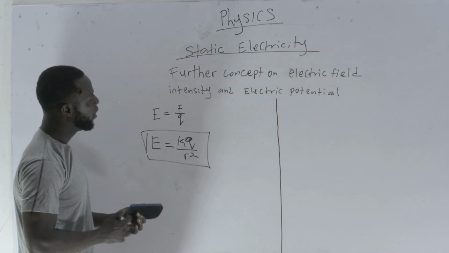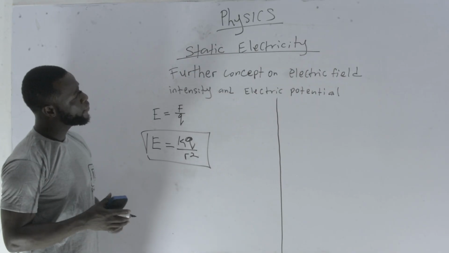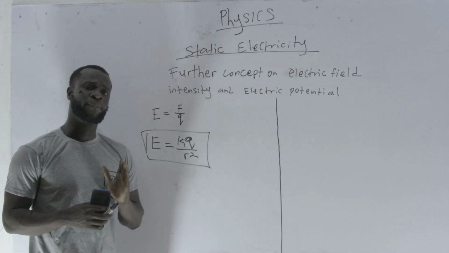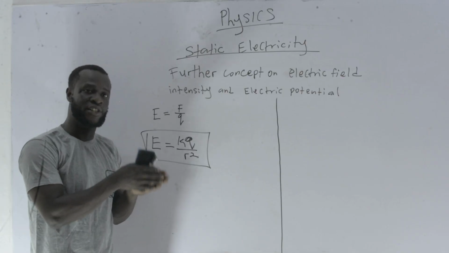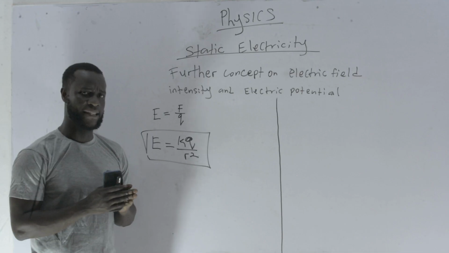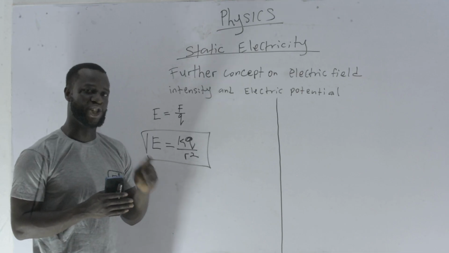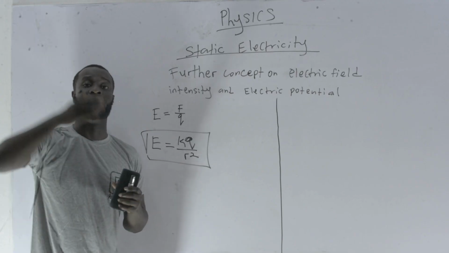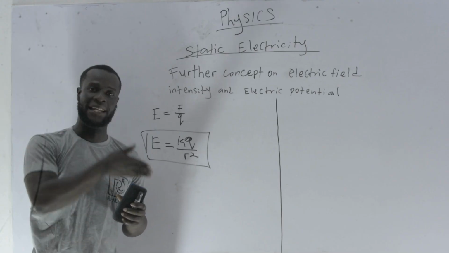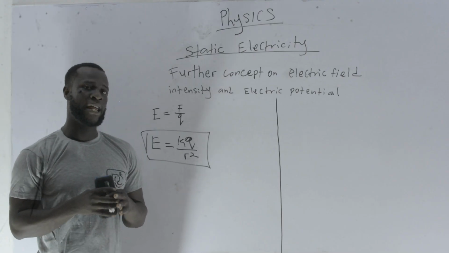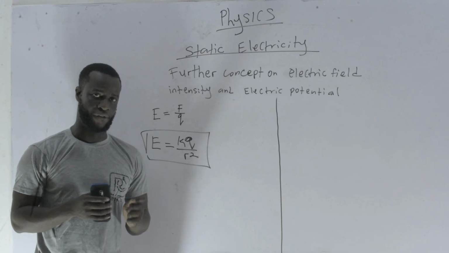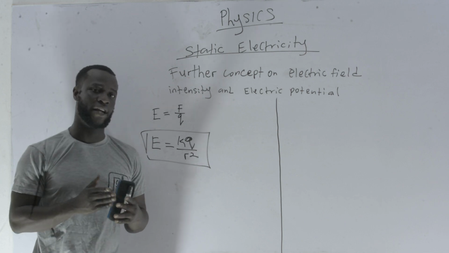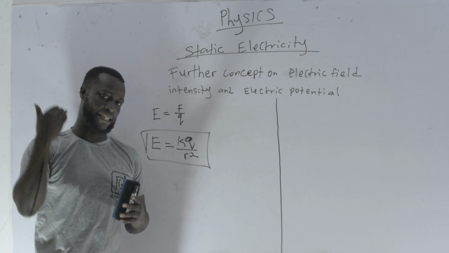depending on the question. But there's also something called electric field potential. Generally, the electric field potential at a point in the electric field is defined as the work per unit charge at that point, or the work done in bringing a charge from infinity to that point in the electric field. I repeat, electric field potential at a point in the electric field is the work done in bringing a unit positive charge from infinity to that point in the electric field.